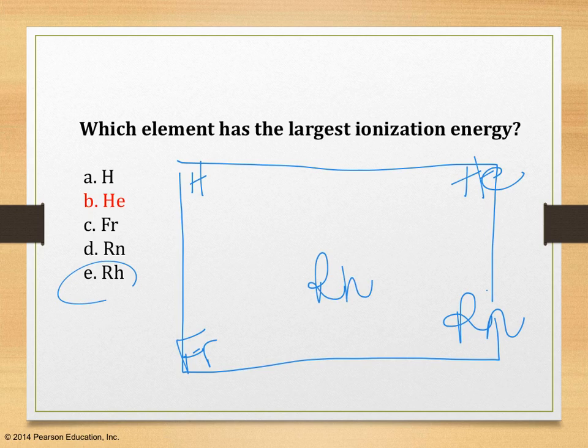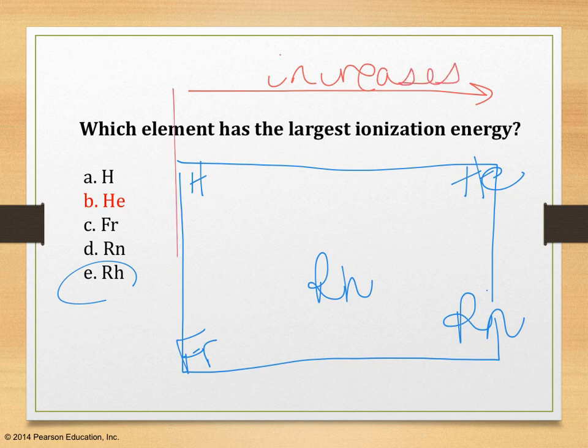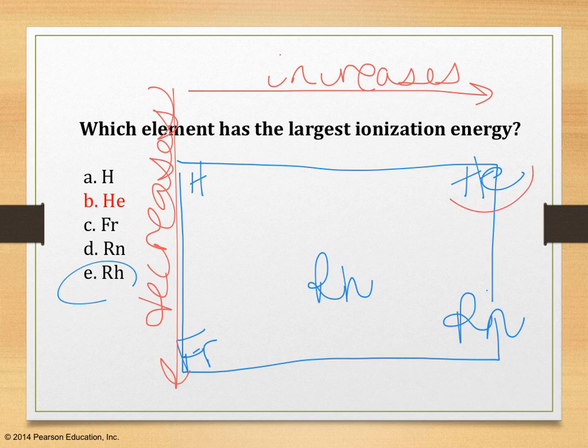All right, let me show you an easy way to get trends and then explain it a bit. If ionization energy increases going left to right across a period, and ionization energy decreases going down a family, where is the element with the highest ionization energy? Right here, helium. So there's your answer.